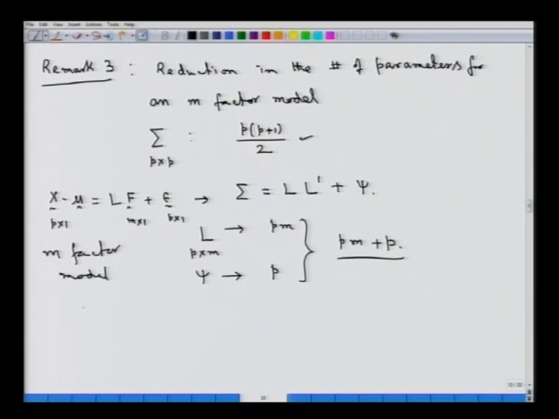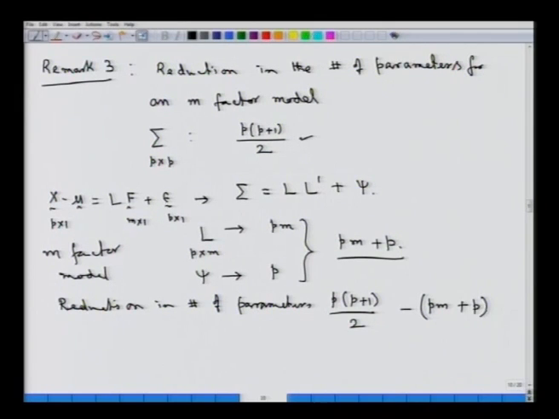So, the reduction in the number of parameters is p into p plus 1 by 2, minus pm plus p, the number of parameters in the m factor model. Simplifying this, what we get is p by 2 into p plus 1 minus 2m minus 2.